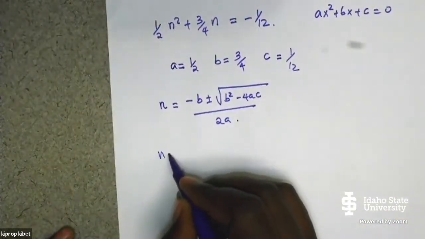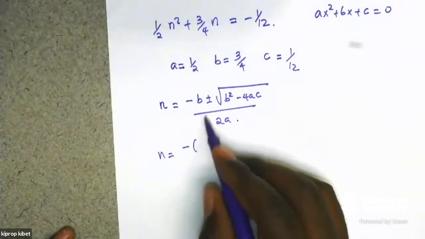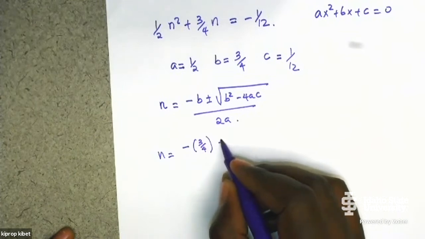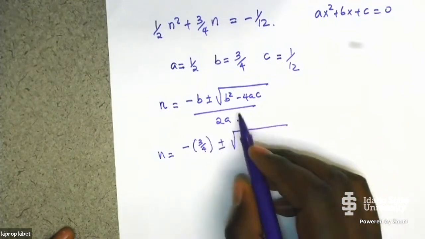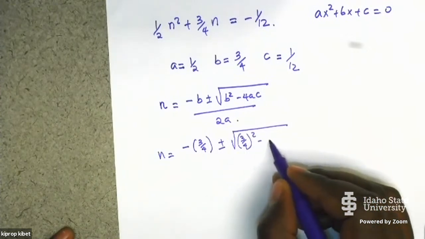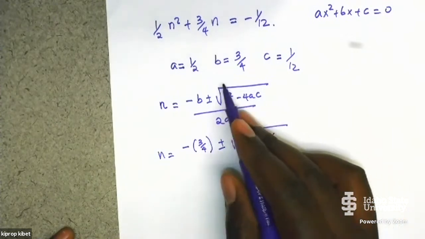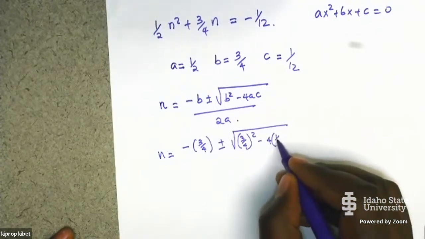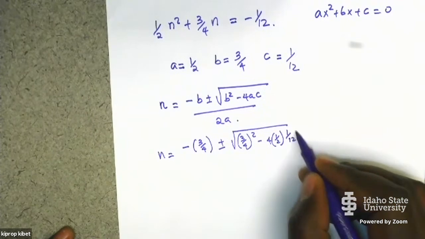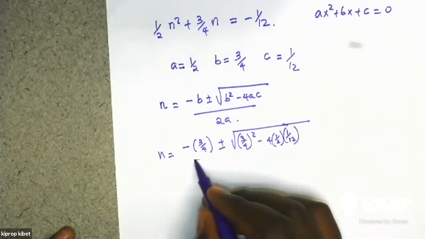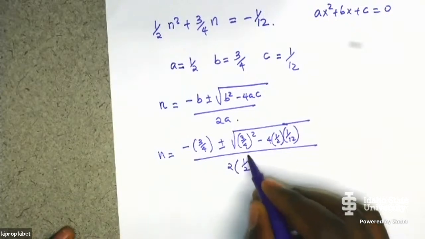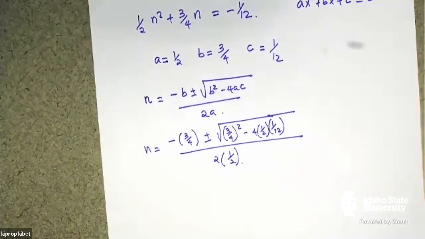So our n equals minus, our b is 3/4, plus or minus the square root of our b, 3/4 squared, minus 4. Our a is 1/2. Our c is 1/12. Divide by 2, and our a is 1/2.